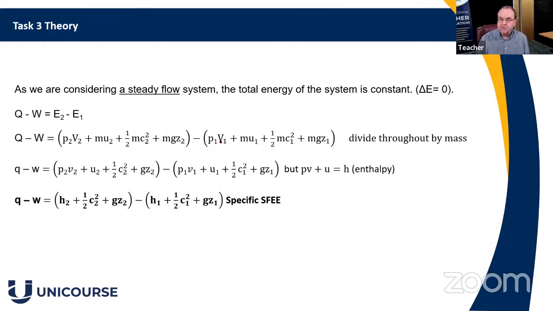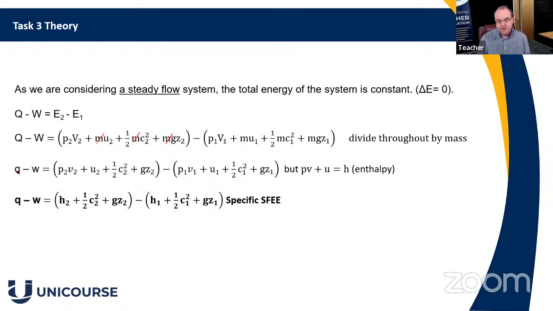And entering, we again have the pressure energy, P1V1, the internal energy contained in the fluid entering, kinetic energy and potential energy. So all we're going to do is divide throughout by the mass components, so we cross these mass components off.